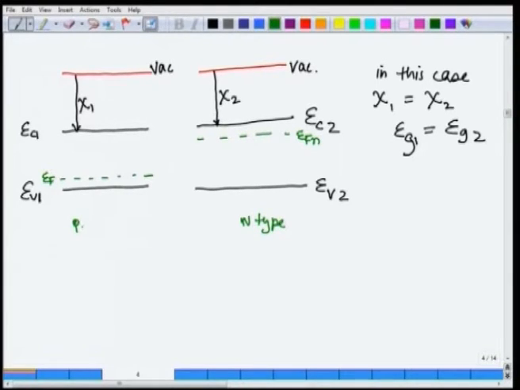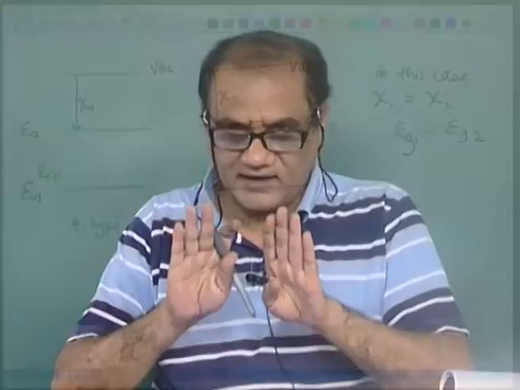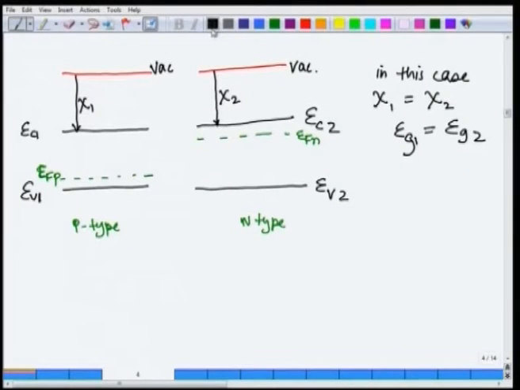This is p type, EFP, the Fermi energy on the p type. So that's what this material is, and we have not joined them. These two materials, n type material and p type material, are lying next to each other, but we have not so far joined them. So the question is, what will happen if we join them?